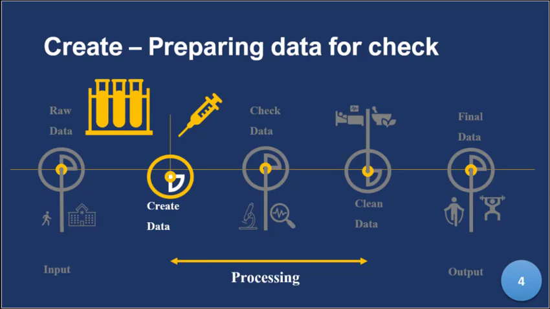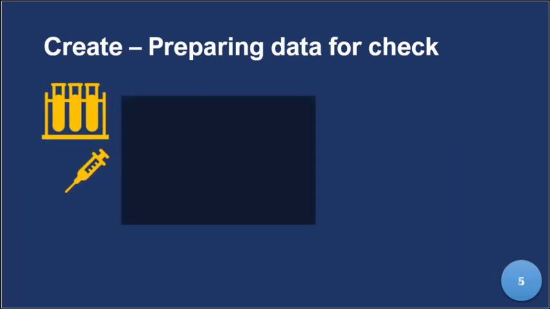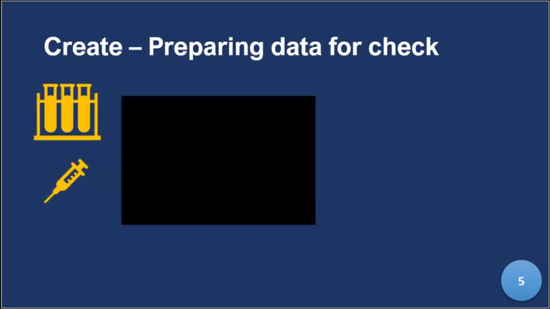So we are on that first level, after the raw data, which is called create data, and we're just basically preparing data for check. Now, the best analogy to use is just looking at this dark space, and this happens sometimes when you come into your room after a hard day's work, and everywhere is dark.